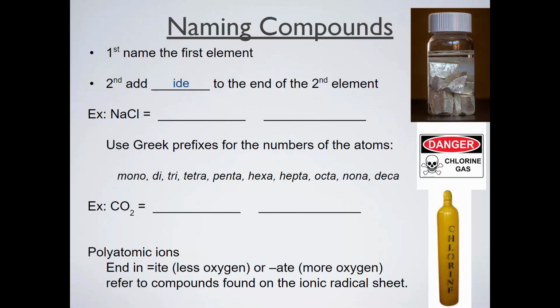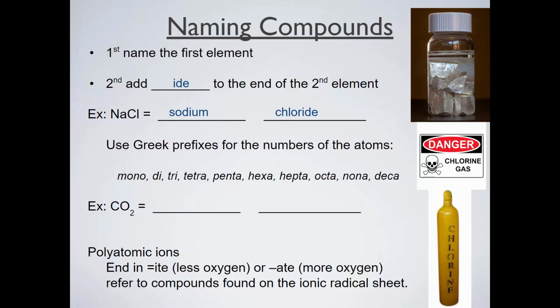And then often the ending of the second element in the compound is changed to "ide." And so we have carbon dioxide. And what's NaCl? Sodium, not chlorine, that's not its name. Sodium chloride.